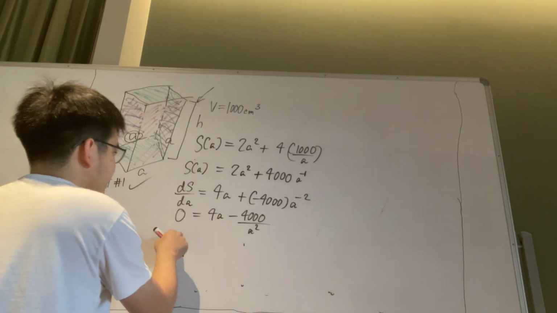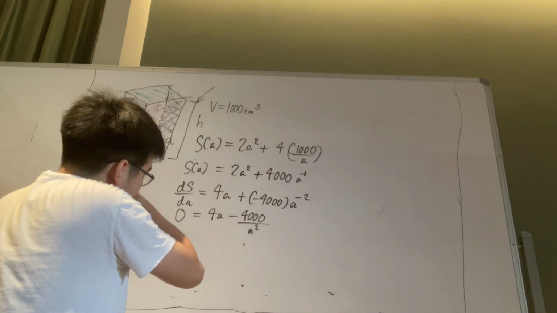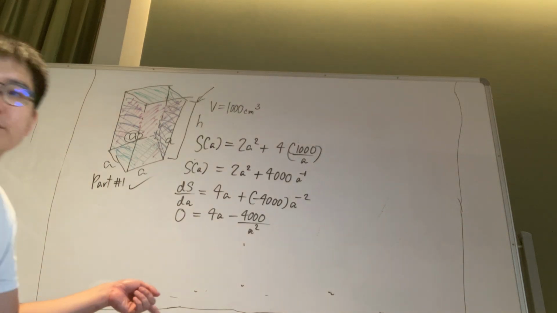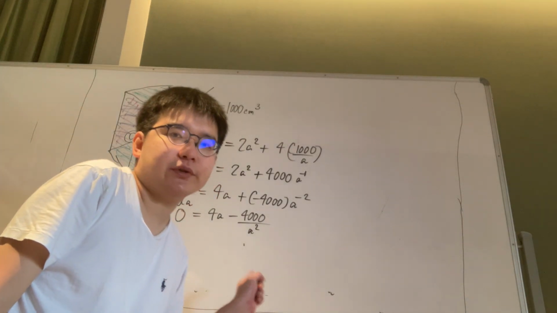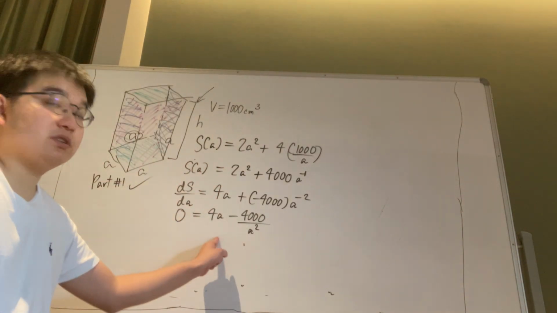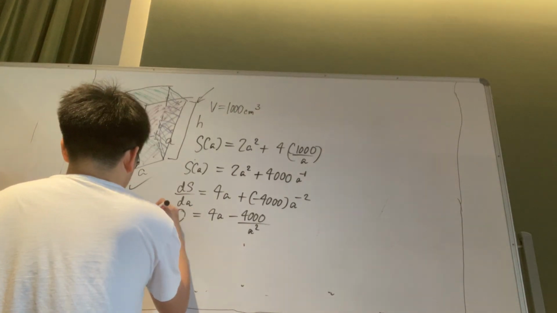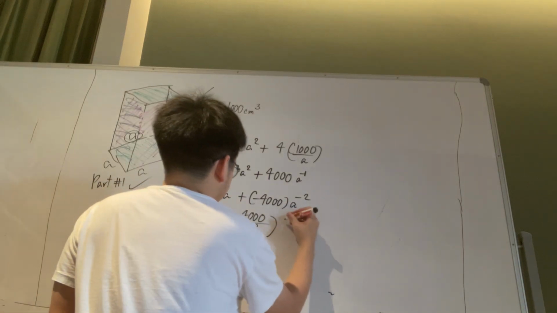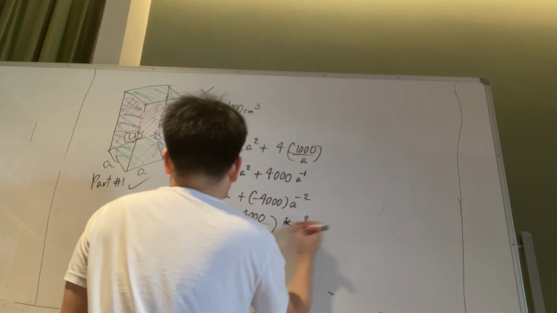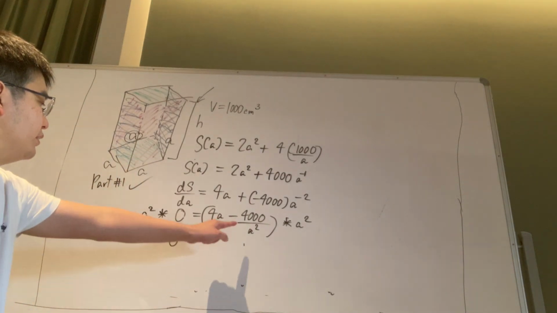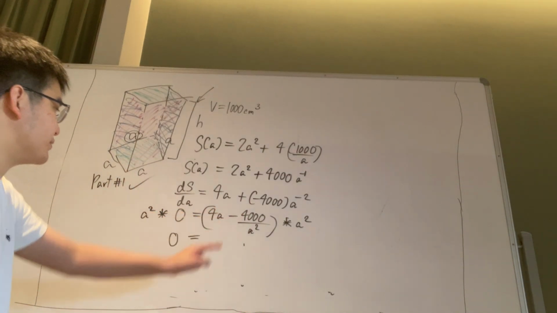You don't want to do any premature canceling, that's a problem that can happen. So we just multiply both sides of this equation by a squared. We have 0 here, then minus 4,000, and then this becomes 4a cubed.